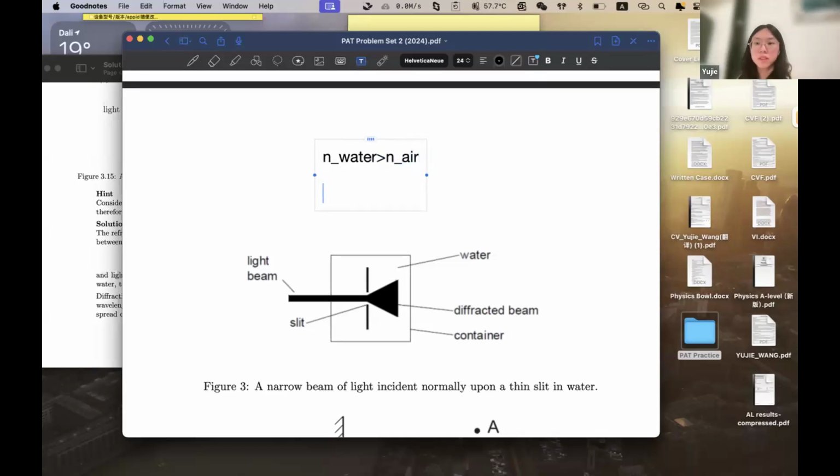And we also know the relation between the speed of a wave, its frequency and its wavelength, which would be speed equals frequency f multiplied by wavelength.